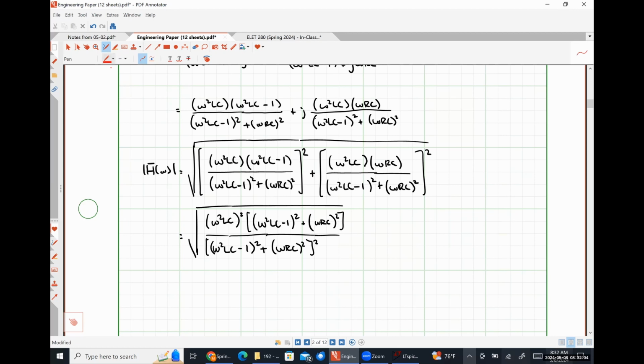And so I hope very obviously, this guy right here cancels out one of those powers, leaving us with omega squared LC divided by the square root of omega squared LC minus 1 squared plus omega RC squared.